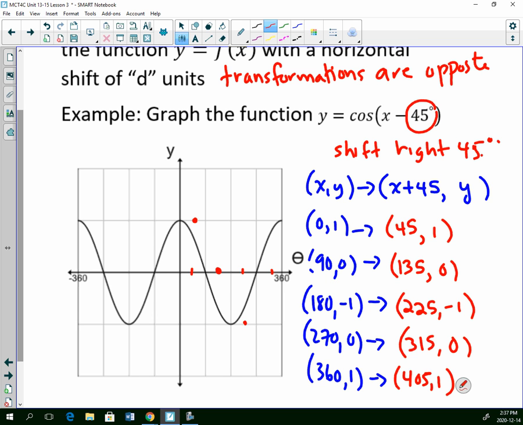The point at the bottom shifted right 45. So my graph looks like this, and the same to the left. So this point moves to the right, the bottom moves to the right, the middle moves to the right, and the top moves to the right. So my graph would look like this, where it's shifted to the right 45 degrees.